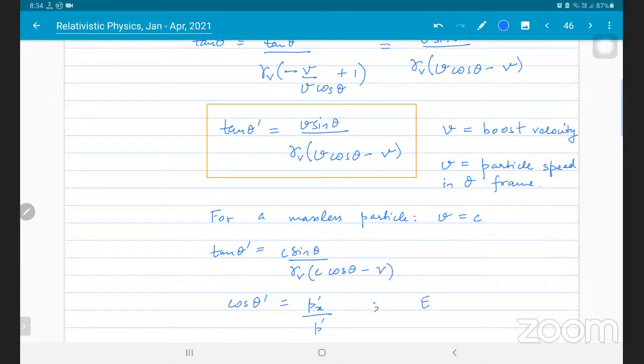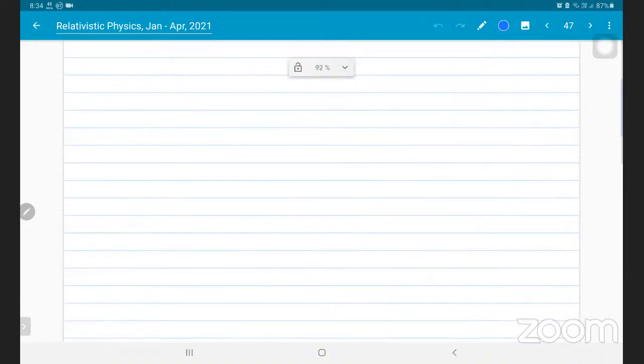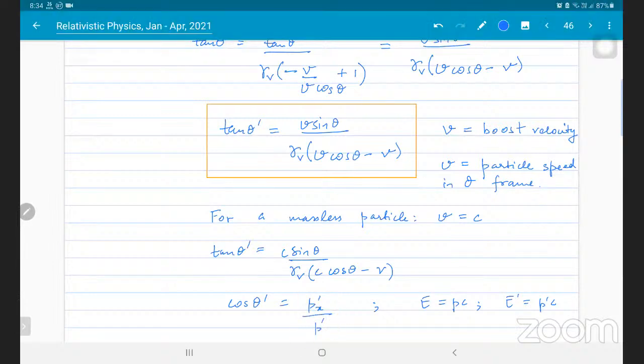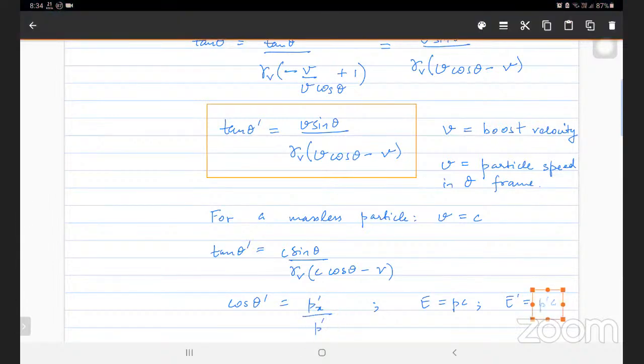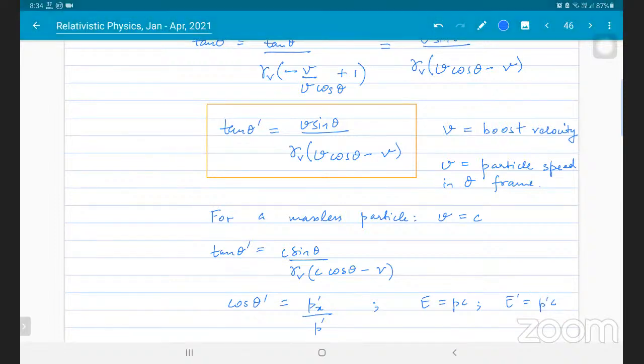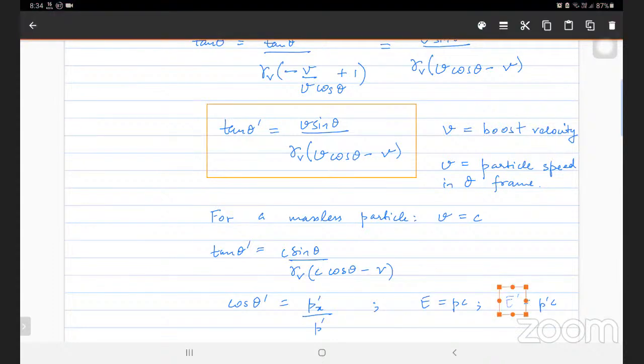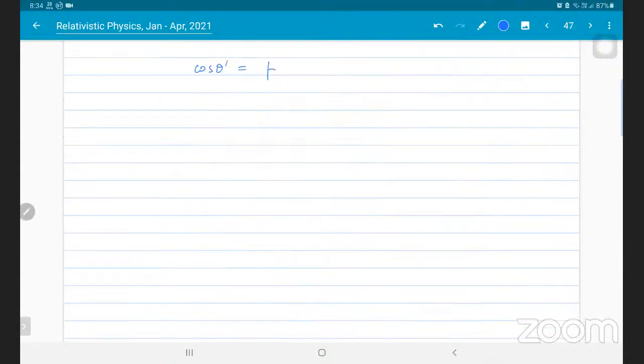But now for a massless particle, I know that E is equal to Pc and E prime is equal to P prime C. So I can write cosine theta prime is equal to Px prime divided by E. So let me write that down. Px prime over P prime, which is equal to Px prime over E prime by C times Px prime by E prime. And now I can just use the Lorentz transformation equations to substitute in this.